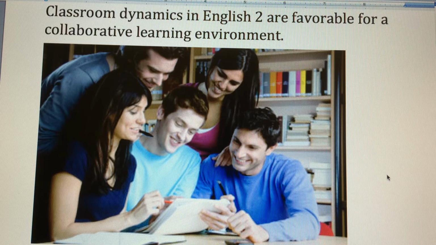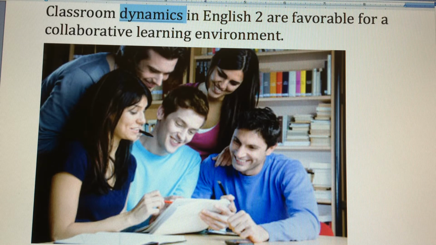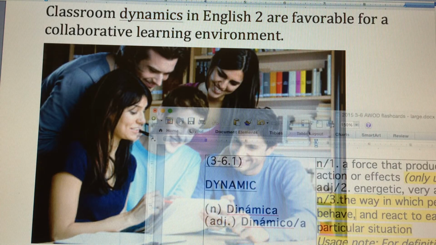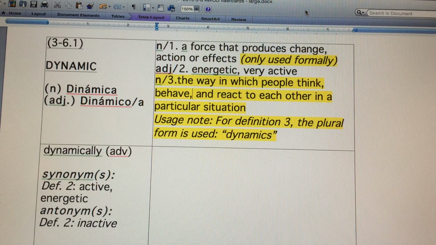So here, dynamics is being used as a noun, not as an adjective. Dynamics are favorable, talking about the way in which the people in the class work together. All right. So you can use it either as this type of noun, plural noun, again the S, or you can use it as an adjective to describe someone who is very active or very energetic.